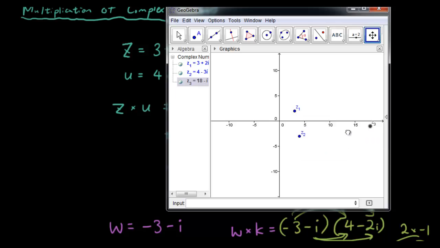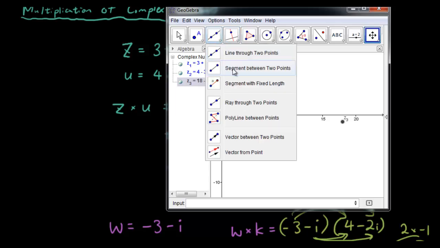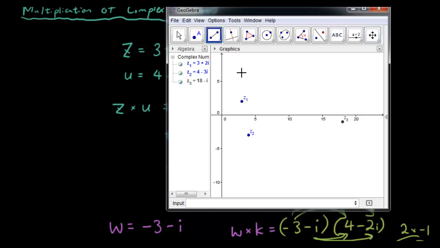So what is the link between z1, z2, and z3? Let's use the geometric function segment between two points. Let's draw a segment from the origin to z1. The length of this line is the magnitude of z1, which is 3.61.